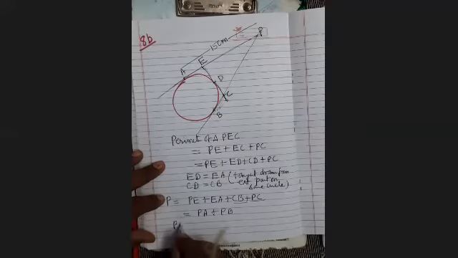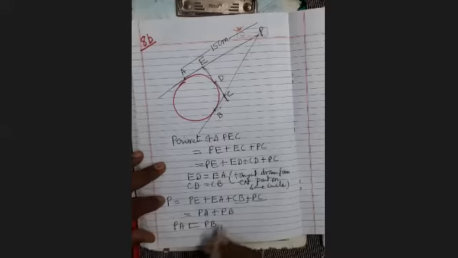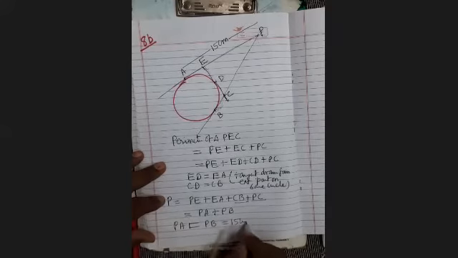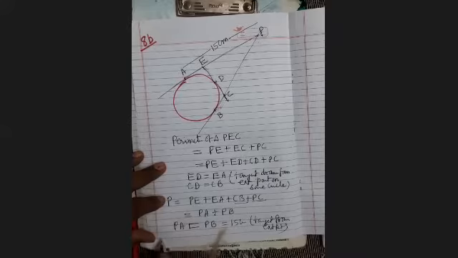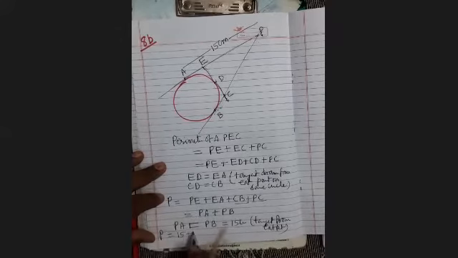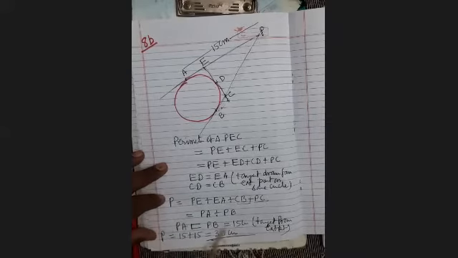PA equals PB equals 15 centimeter. It's clear. So what will be the perimeter? 15 plus 15, it will be equal to 30 centimeter.